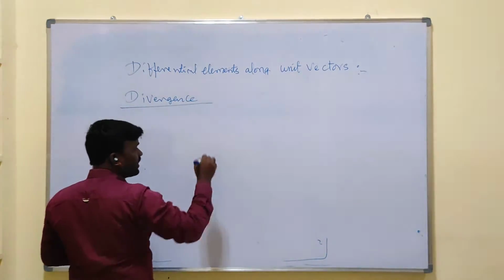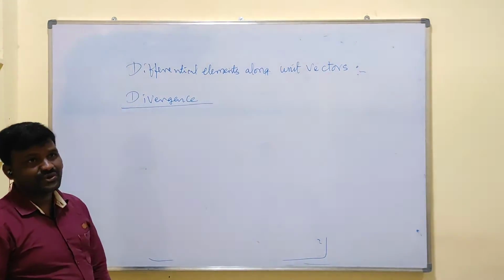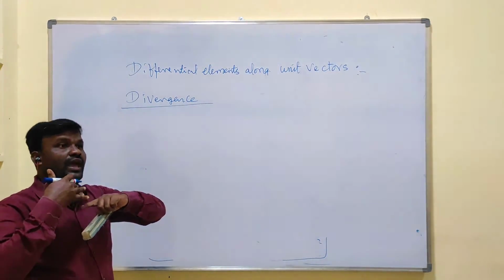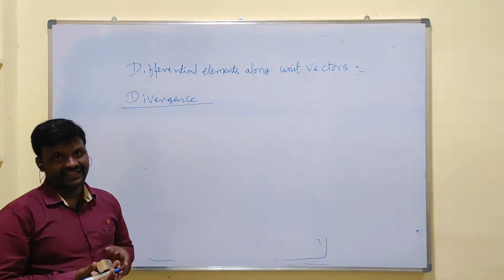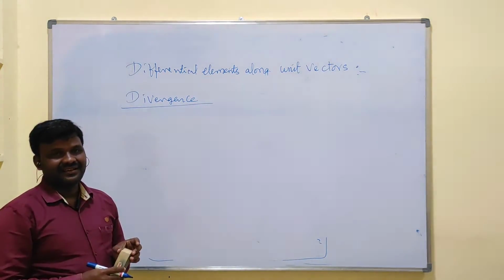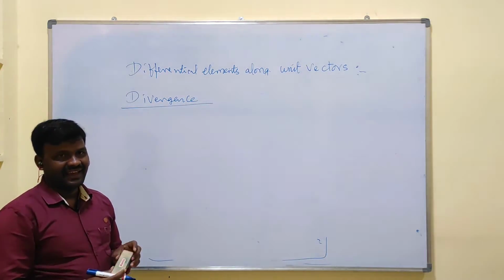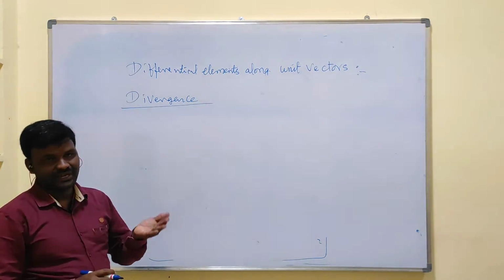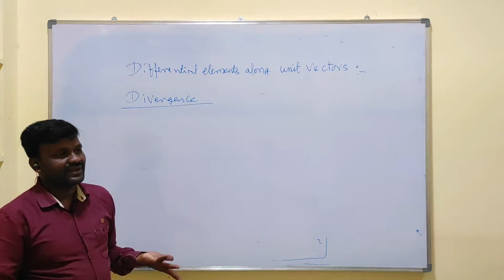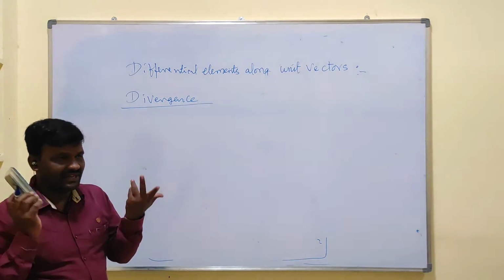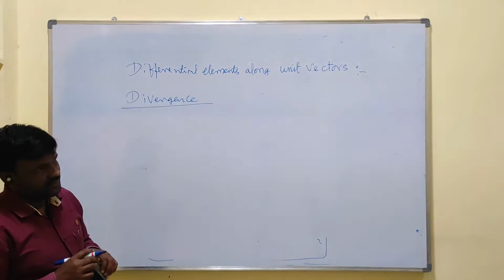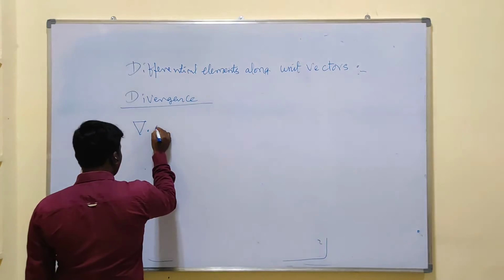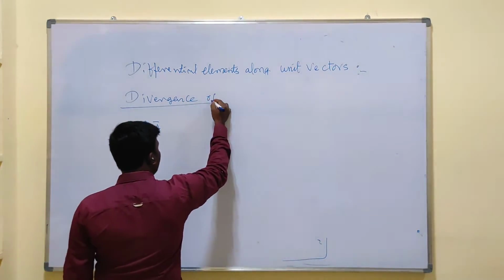How do we derive the gradient of the scalar function? By using h1, h2, h3. First we have written the generalized formula in terms of h1, h2, h3. And if you substitute h1, h2, h3 for the given coordinate system, and of course u, v, w also, you will get the gradient formula for the given coordinate system. Here also the same thing. Basically, divergence can be applied on a vector.